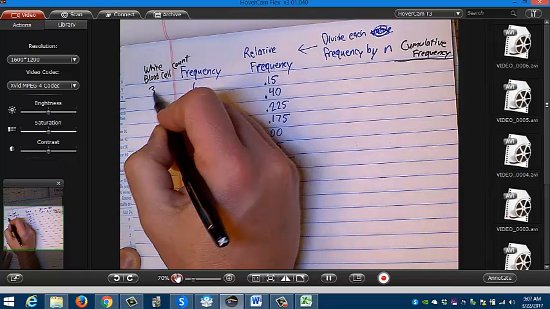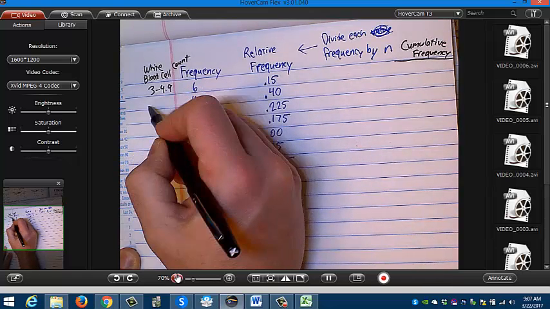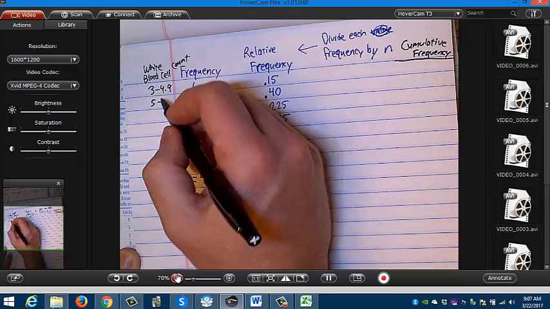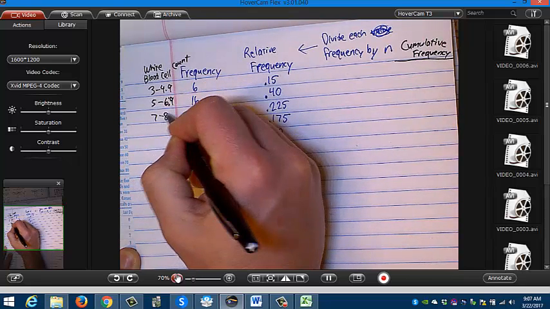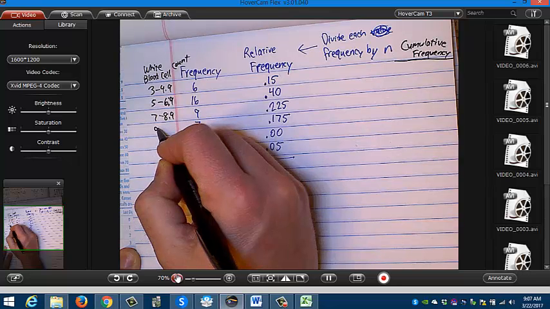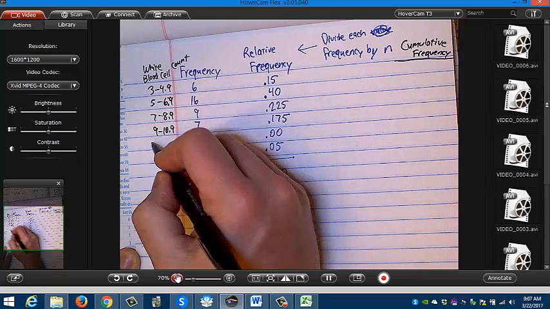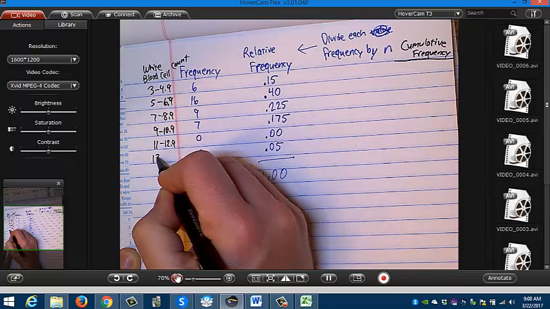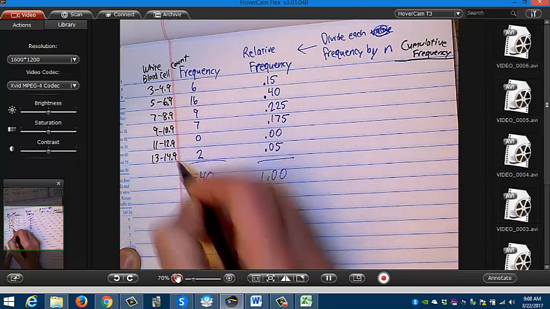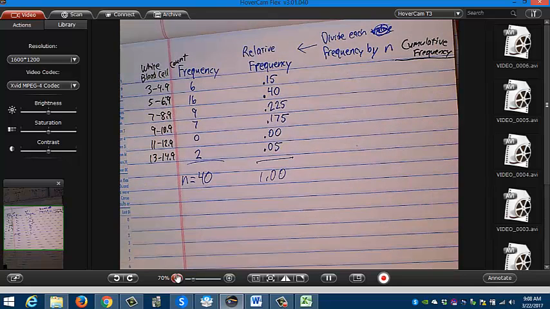And so this was like 3 to 4.9, and this was 5 to 6.9, 7 to 8.9, 9 to 10.9. We didn't have any from 11 to 12.9, but we had 2 people that you guys thought were probably sick because their white blood cell count was especially high. You guys remember that data?